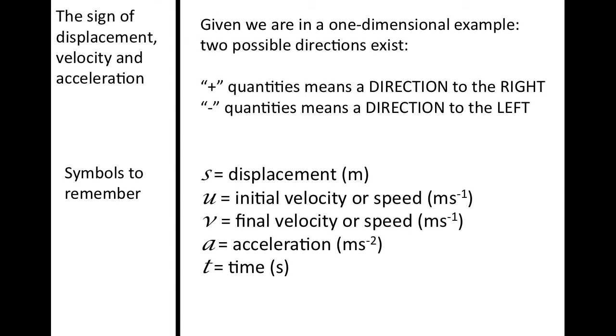Notice that velocity and speed are the same symbol. Acceleration is denoted as A, and that has units of ms -2, and time is in seconds, and that one is T. Some of these symbols might look a little different than what you might remember. There are different equations that use different symbols, and these are the ones that we need to know. So start getting familiar with them.